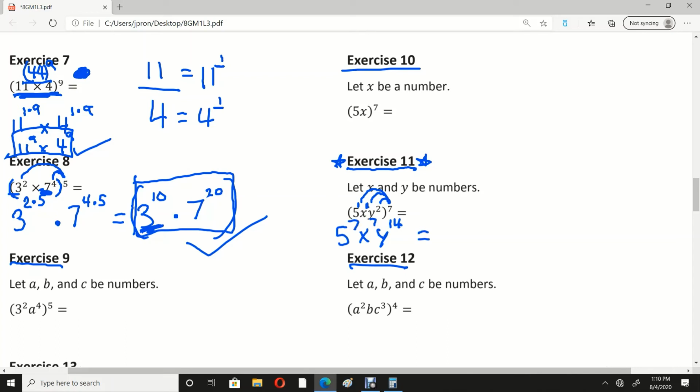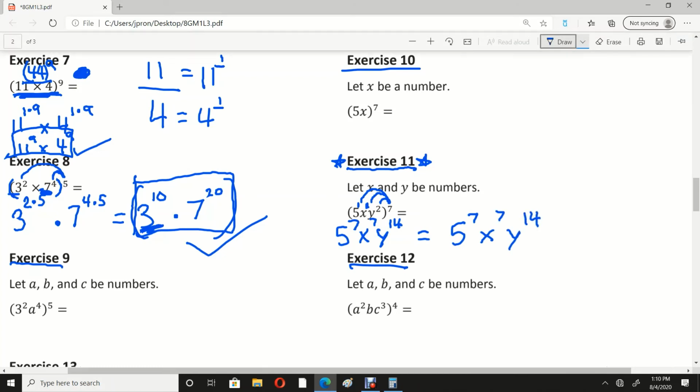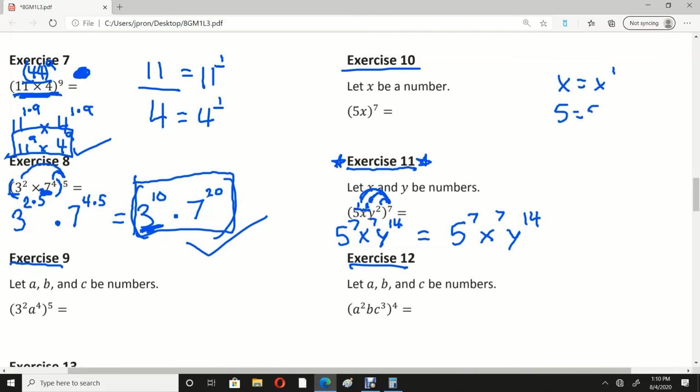So the final answer here would be 5 to the 7th, x to the 7th, y to the 14th power. We just multiplied the exponent on the outside with all the exponents on the inside. And remember, even if there's not an exponent apparently over the term, there's always an implied exponent, right? x equals x to the 1st, 5 equals 5 to the 1st, 2 equals 2 to the 1st.